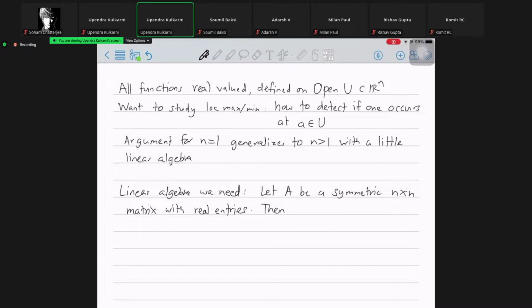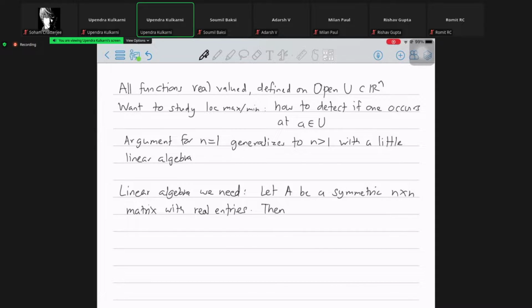Then what do we know? Its eigenvalues are real. Its eigenvalues are all real. Moreover, the matrix can be diagonalized by means of an orthogonal matrix, right?